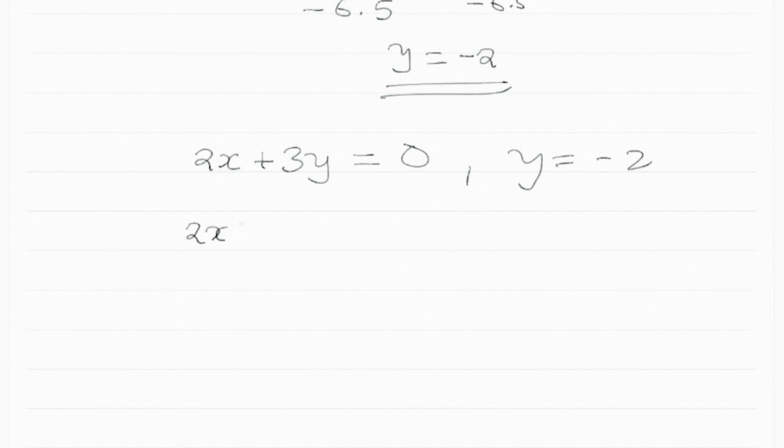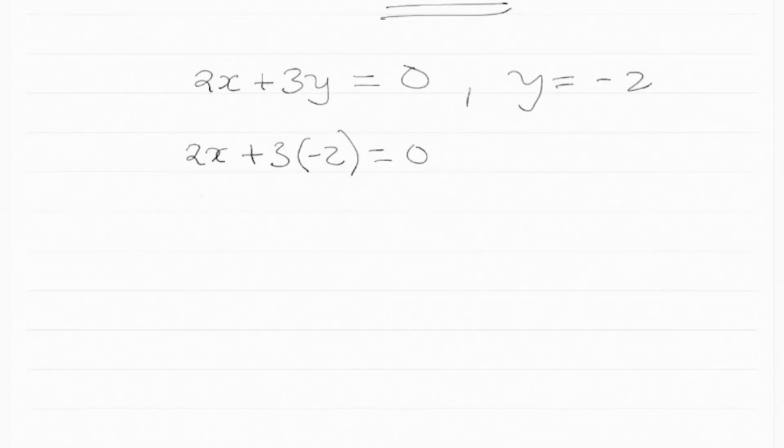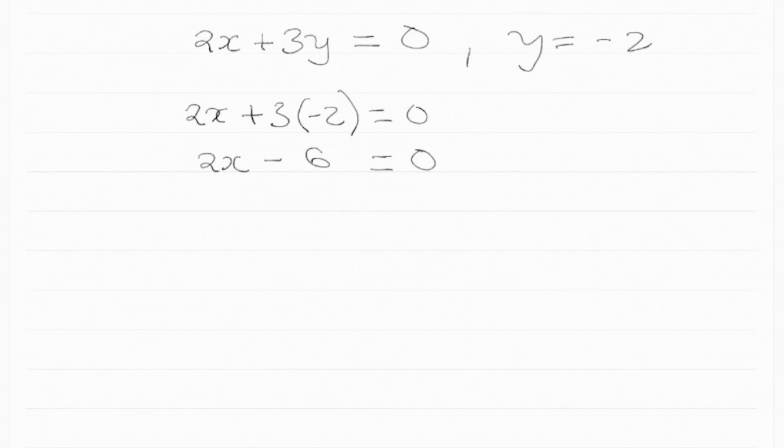So I have 2x plus 3, where there is y, I'll put negative 2, is equal to 0. I have then 2x, positive 3 times negative 2 is negative 6, is equal to 0. The additive inverse of negative 6 is positive 6. So I will remain with 2x is equal to 0 plus 6, which is 6. To find my x, I divide through by 2, and my x is equal to 3.